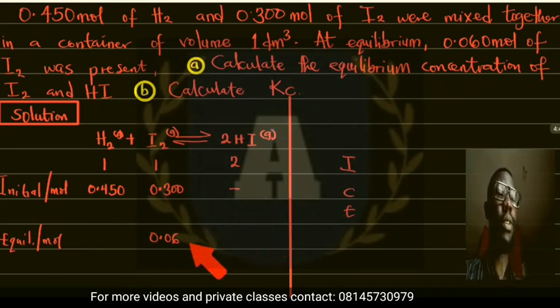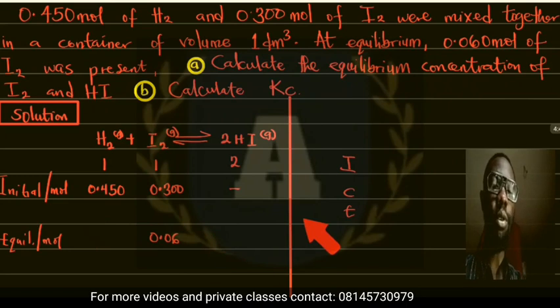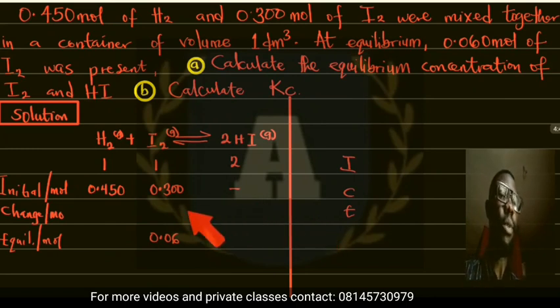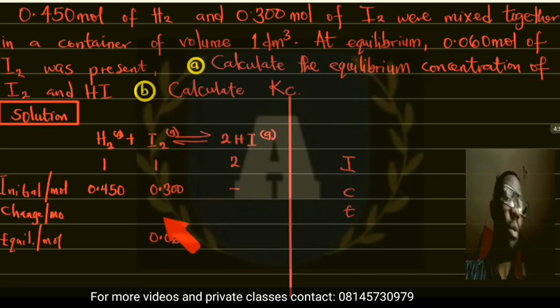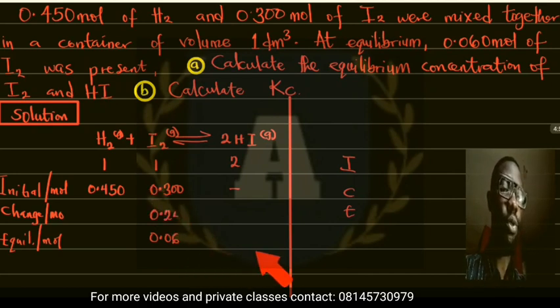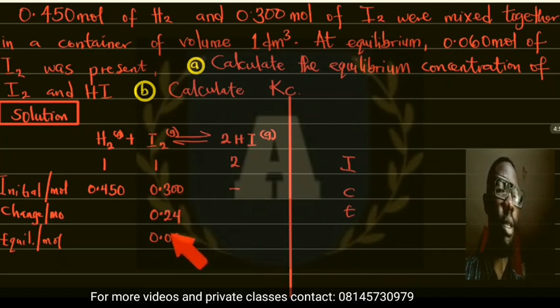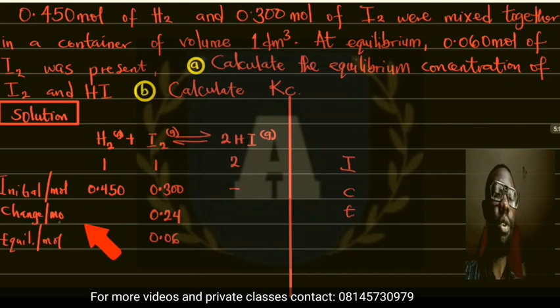Now to get the change in mole, we subtract 0.06 from 0.3. When we do that, we get 0.24. So that is the change in mole for iodine.